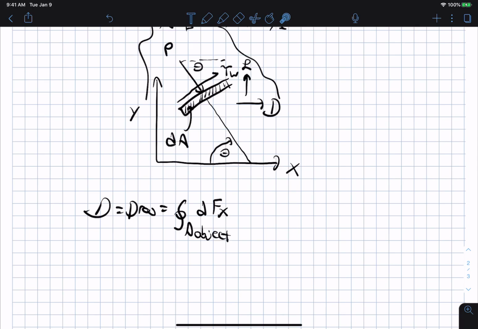So that would equal the surface integral over the object area of P times cosine theta plus the wall shear stress times sine theta, over each patch dA. Okay? And this pressure term here is called pressure drag.